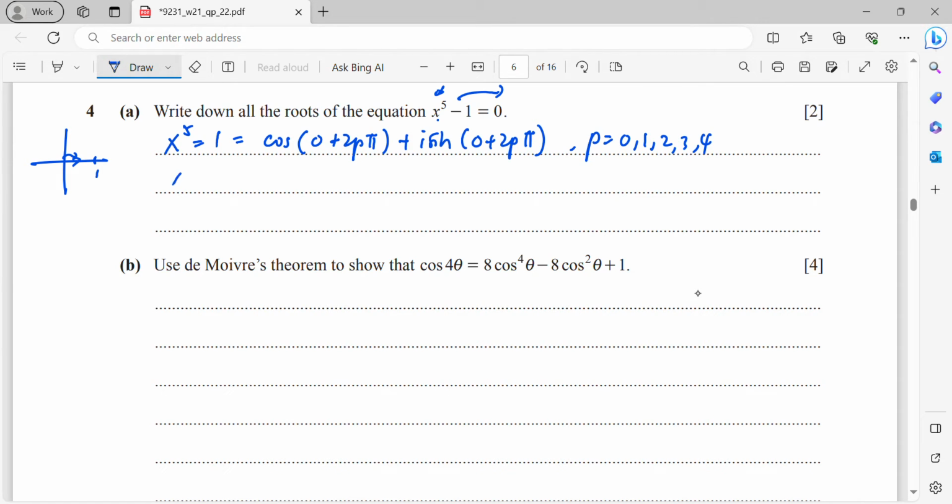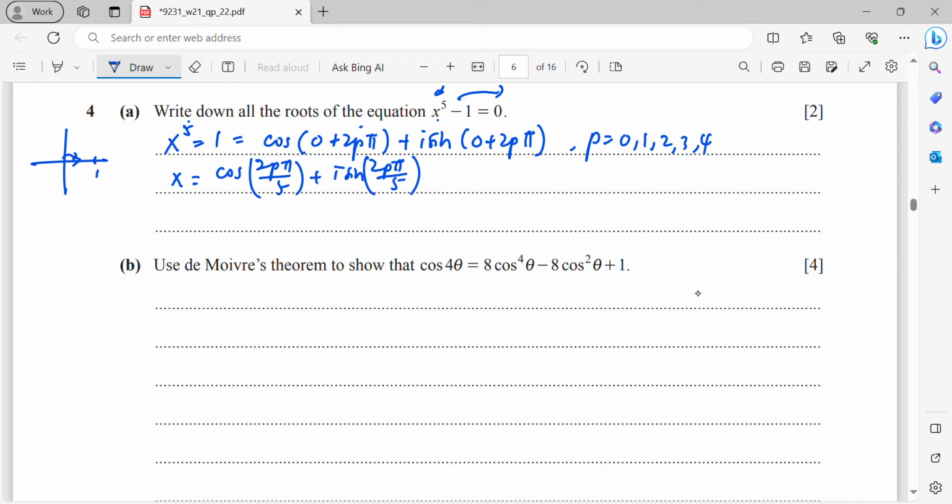So now from here, my x, according to de Moivre's theorem, this 5 will be moved down. So it will be cos 2p pi over 5 plus i sin 2p pi over 5. This is using de Moivre's theorem.